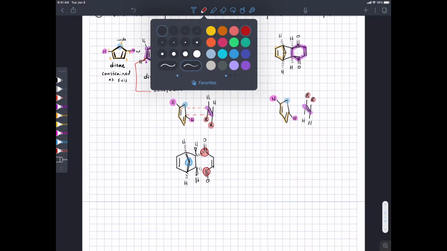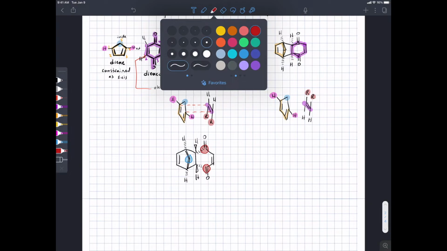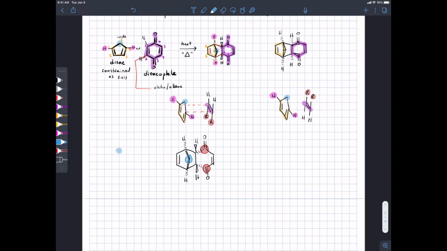If blue and red are on opposite sides, sorry, getting a little bit behind. If blue and red are opposite or are trans to each other, we call that the exo. I'm getting it wrong, sorry folks.